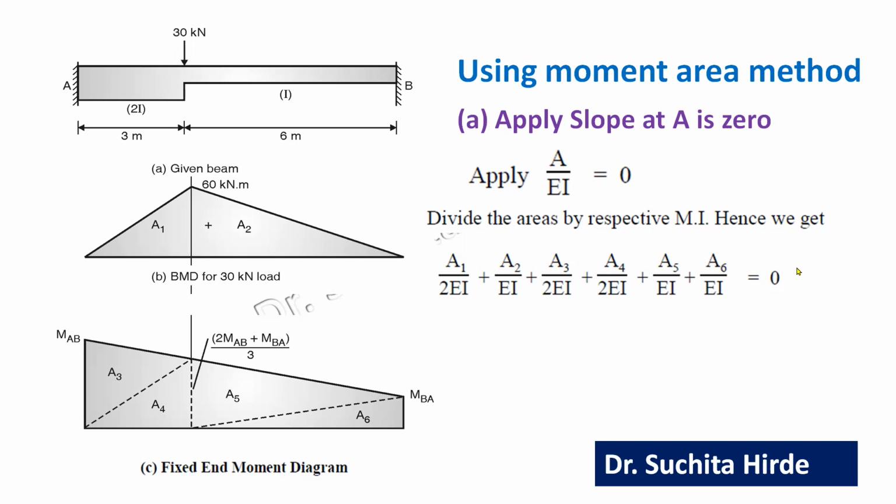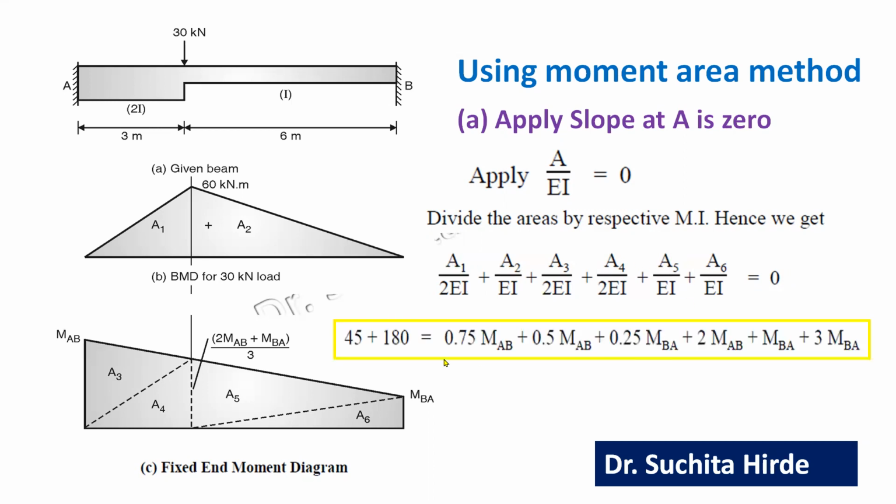After substituting the values of the respective areas and cancelling EI, and simplifying further, you will get 3.25 MAB plus 4.25 MBA is equal to 225. So this is our first compatibility equation.